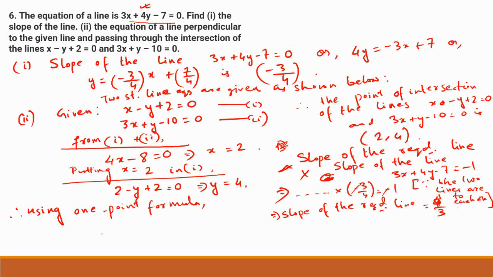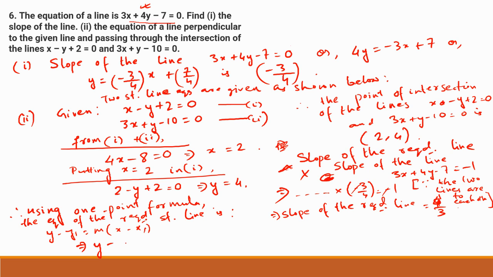Therefore, using the one point formula, the equation of the required straight line is y minus y1 equals m times x minus x1. If you want, write where x1 comma y1 is one point of the straight line and m is the gradient.